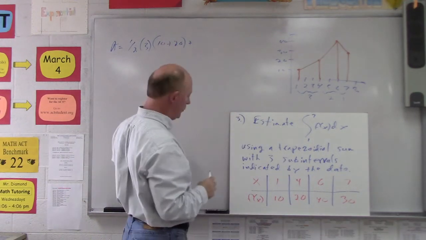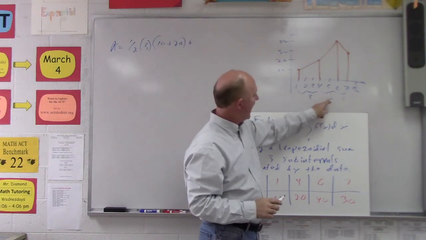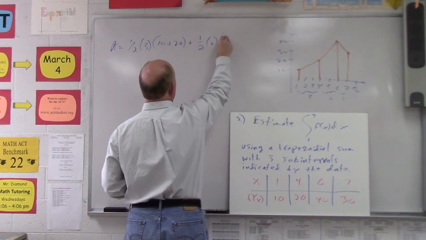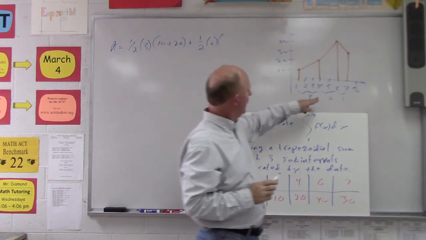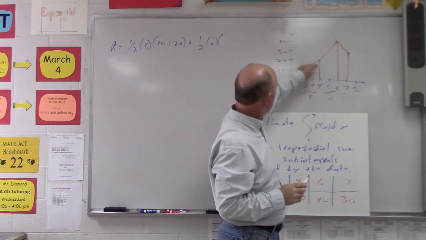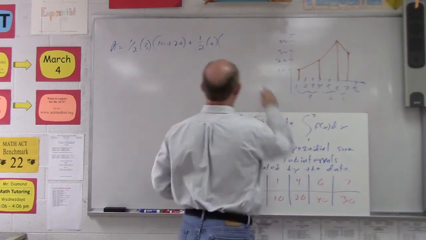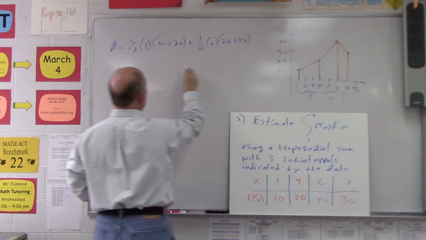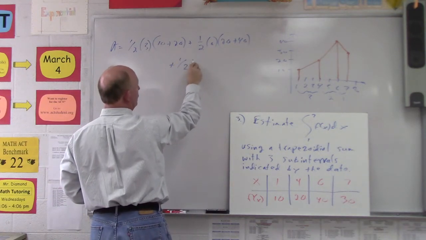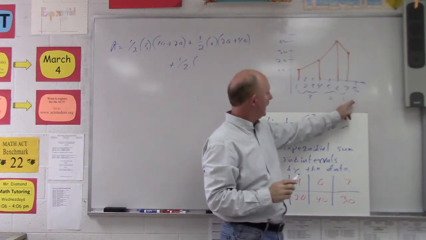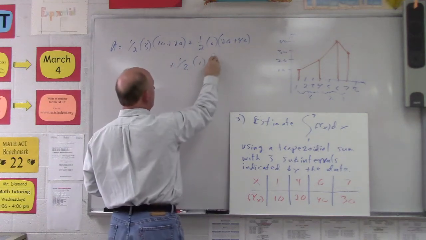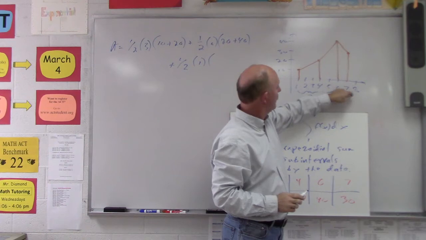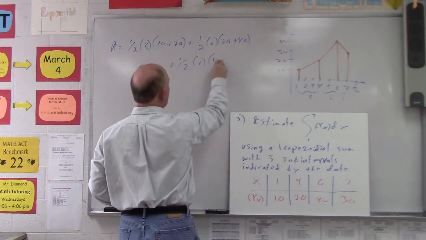Now the next trapezoid would have a base of 2, so it would be 1/2 times 2 times, now the first height here would be 20, and the next would be 40, so it would be 20 plus 40, plus, and then the last trapezoid down here will have a base of 1, and the two heights, the one will be 40, the other will be 30, so it'll be 40 plus 30.